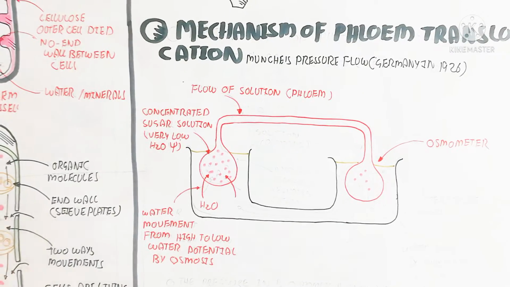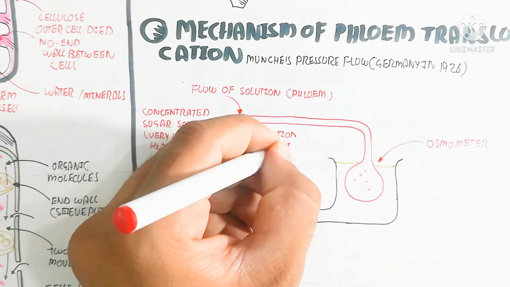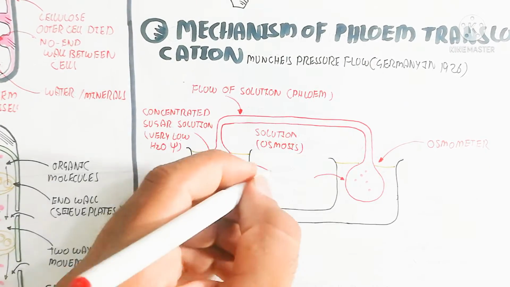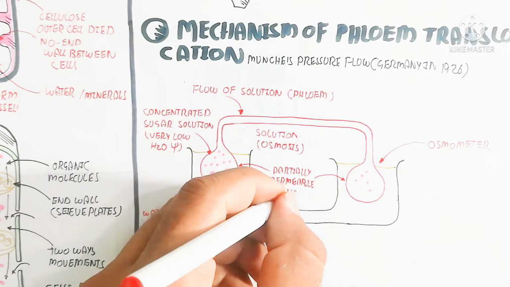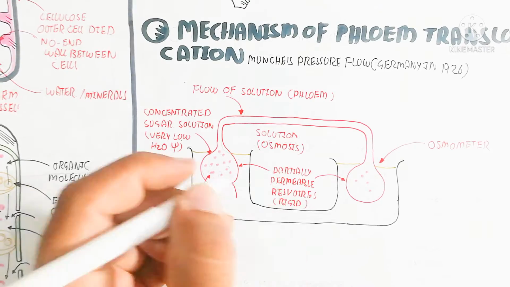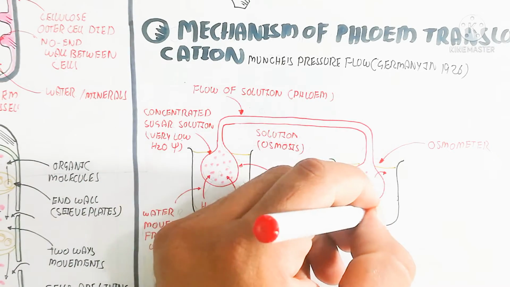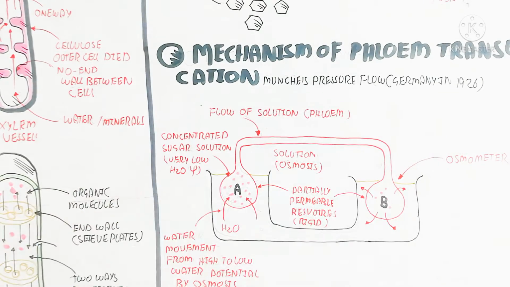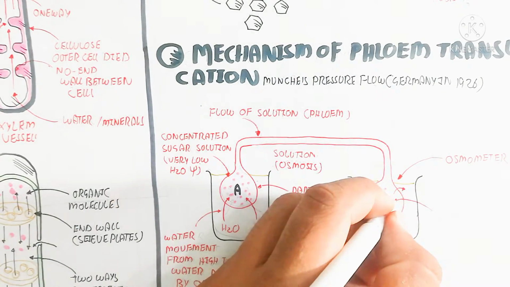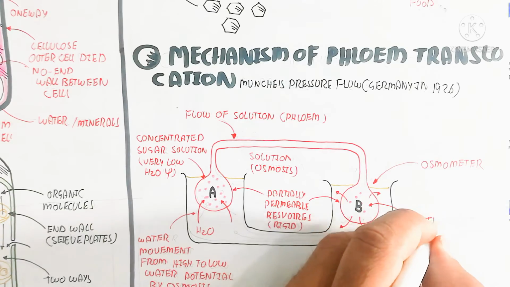Because this is a partially permeable membrane and the reservoir is rigid, the solution will flow through osmosis, for example in the phloem also. Why? Because it depends on the pressure, and the flow of solution is from higher concentration to lower concentration.